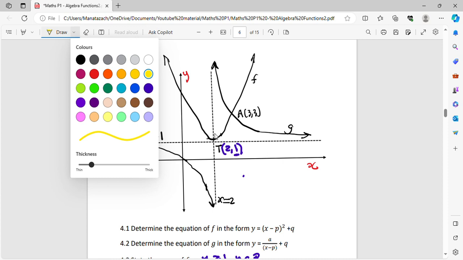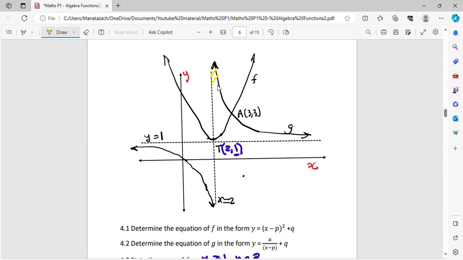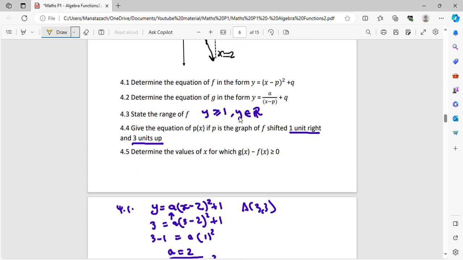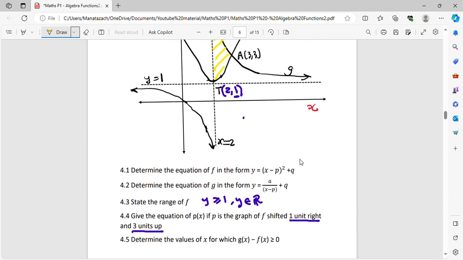This is the region where g of x is greater than f of x. So we can say x is greater than or equal to 2, but x is less than or equal to 3.